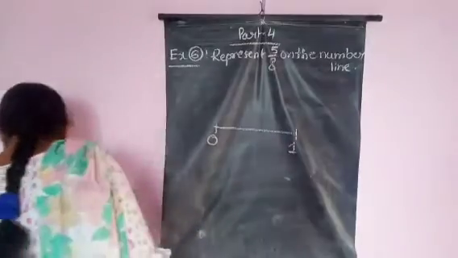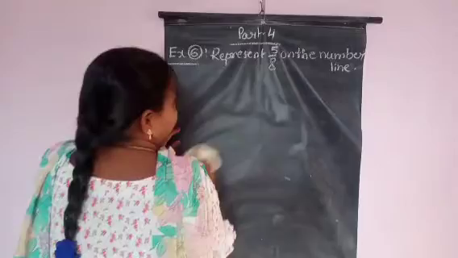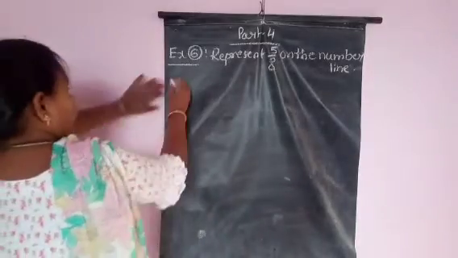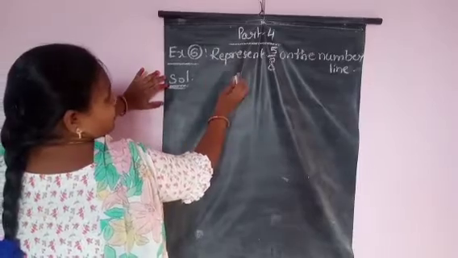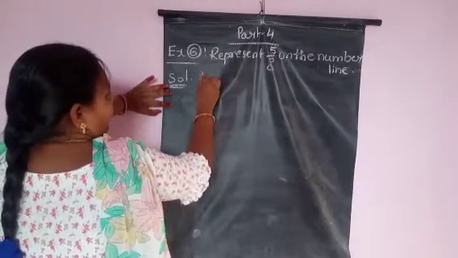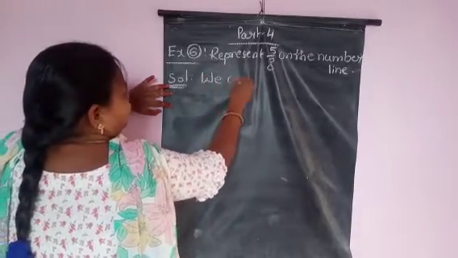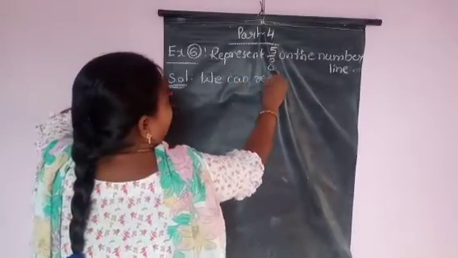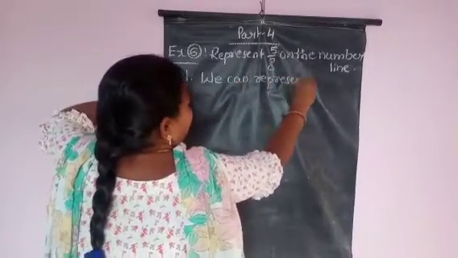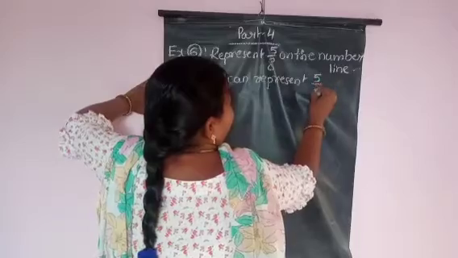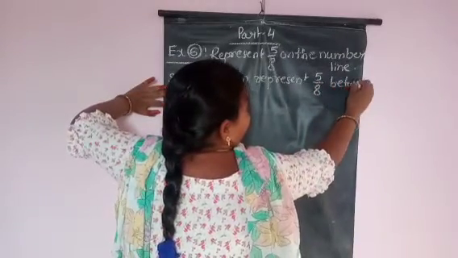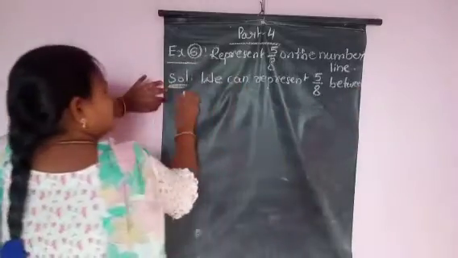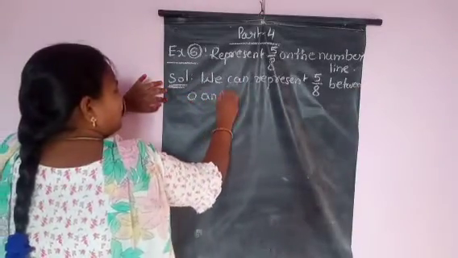So let us write the steps first. Solution: we can represent 5 by 8 between 0 and 1 on the number line.